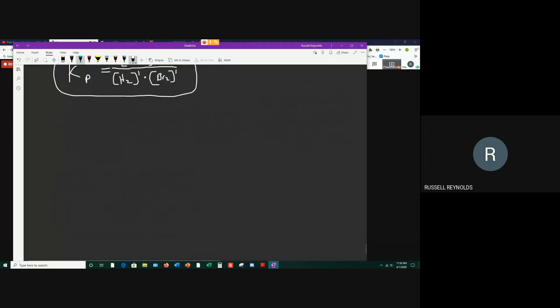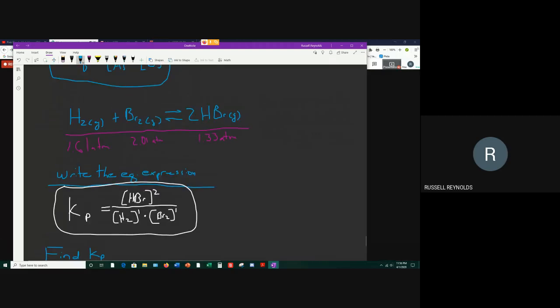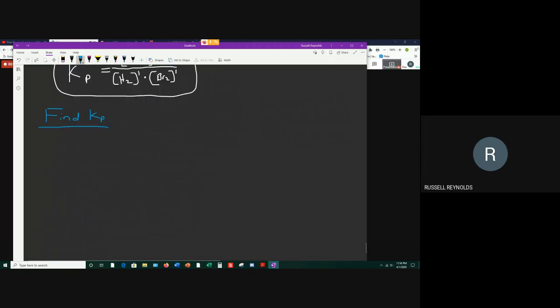And let's say that the second part of this question asks you to find Kp, given the numbers at the top. So given these 3 numbers, calculate the Kp for this reaction, the equilibrium constant.